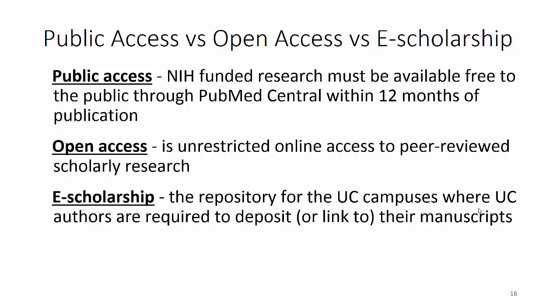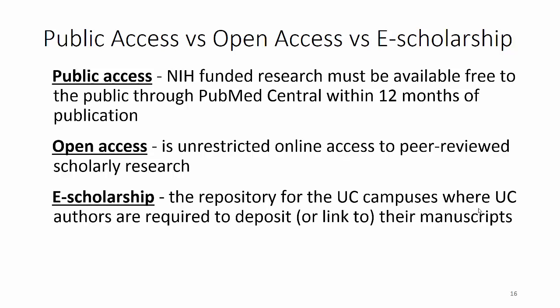Now there's a whole big part of information with e-scholarship and what that requirement is, so it's beyond what we can cover today, but that will probably be another training that we'll bring out in the future.